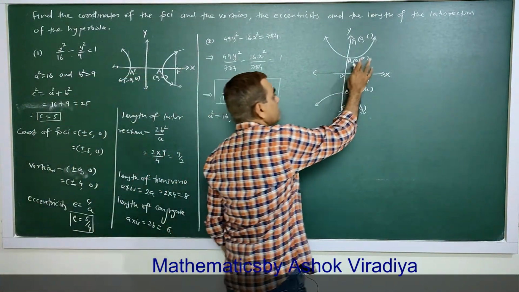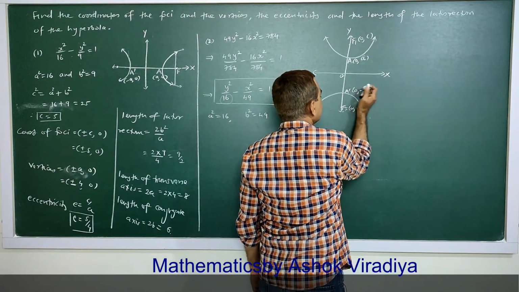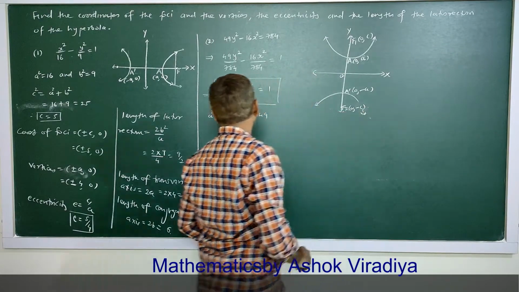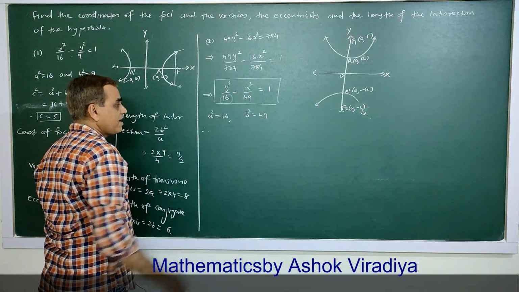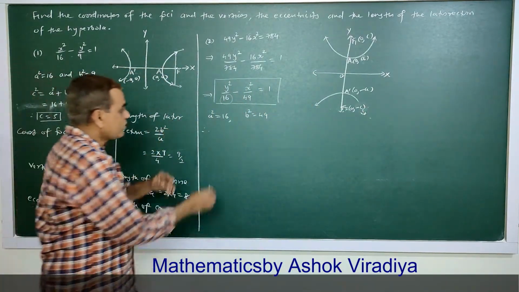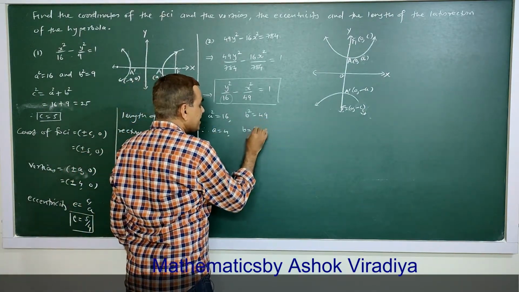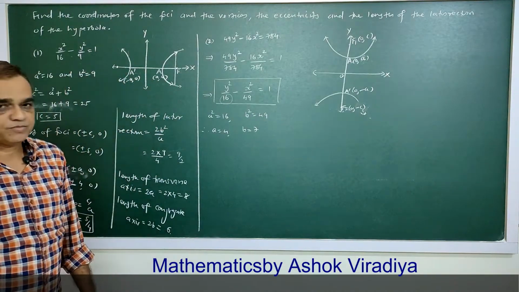So according to these results, now we calculate the values of a and c. A square is 16, so A is 4. B square is 49, B is 7.